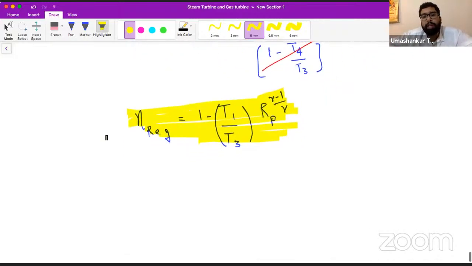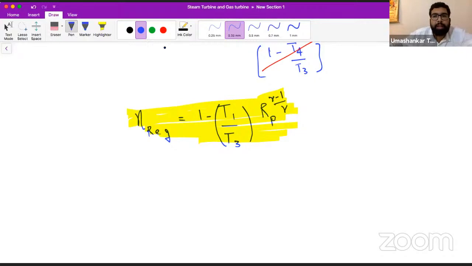So if you observe this relation, an important finding we can have from here. We have seen that with the increase of pressure ratio, the efficiency of the ideal Brayton cycle was increasing.